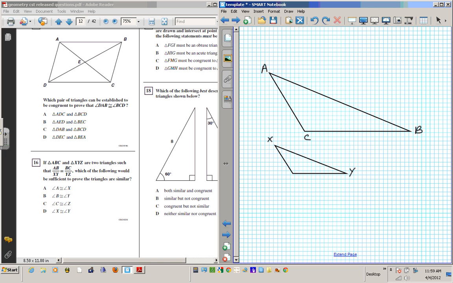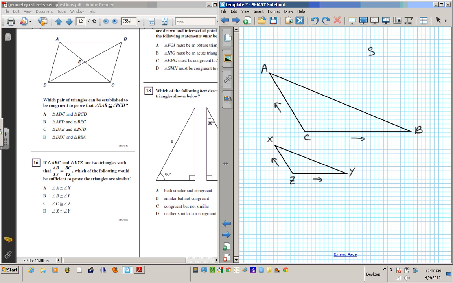Okay. All right. So yes, you're told that AB is proportional to XY. That's an S. And BC is proportional to this side right here, YZ.